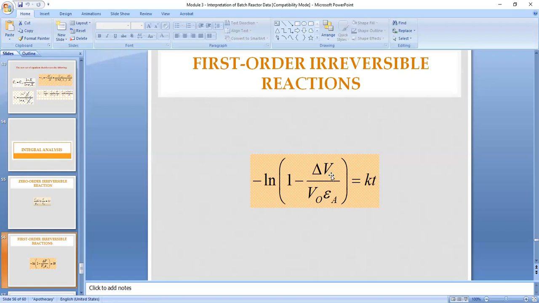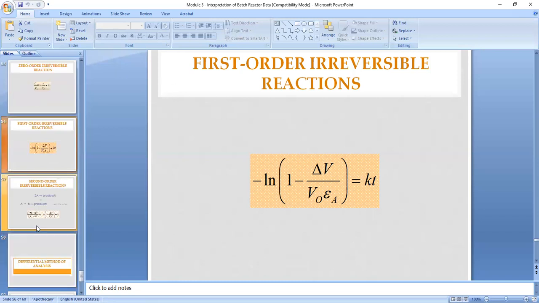If the problem is not saying that it's varying volume, but it's a gaseous system, or even if it's not a gaseous system but it states that it's at constant pressure, then automatically, class, it's a varying volume batch reactor system, and you have to use the corresponding formula for such a system. So for first order reaction, this will be the formula.